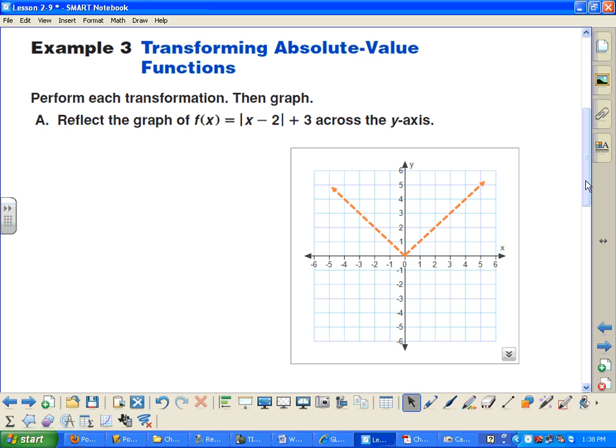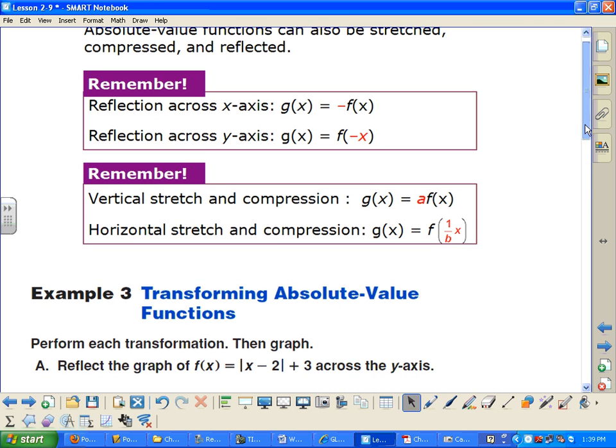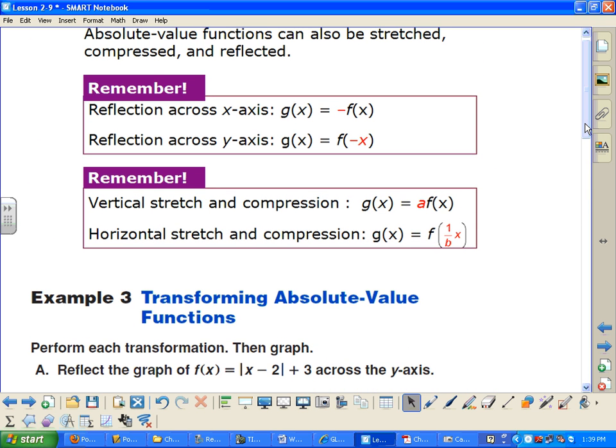It says reflect the graph of f of x across the y-axis. So if I go across the y-axis, is that horizontal or vertical? It's horizontal, right? Because we're going this way. Across the y-axis, we're going horizontally. So if I'm going horizontally, that means I am looking at this one here, which means that I'm replacing x with -x.